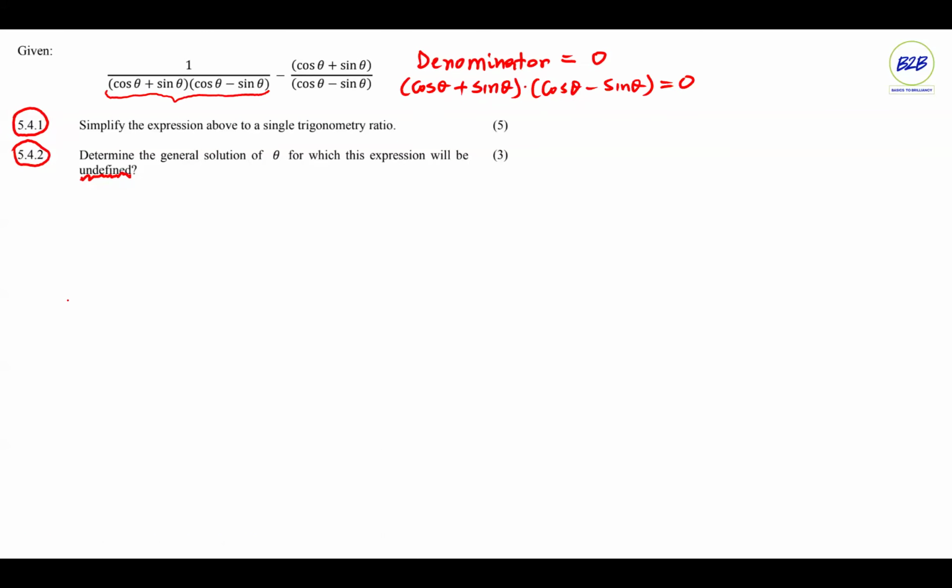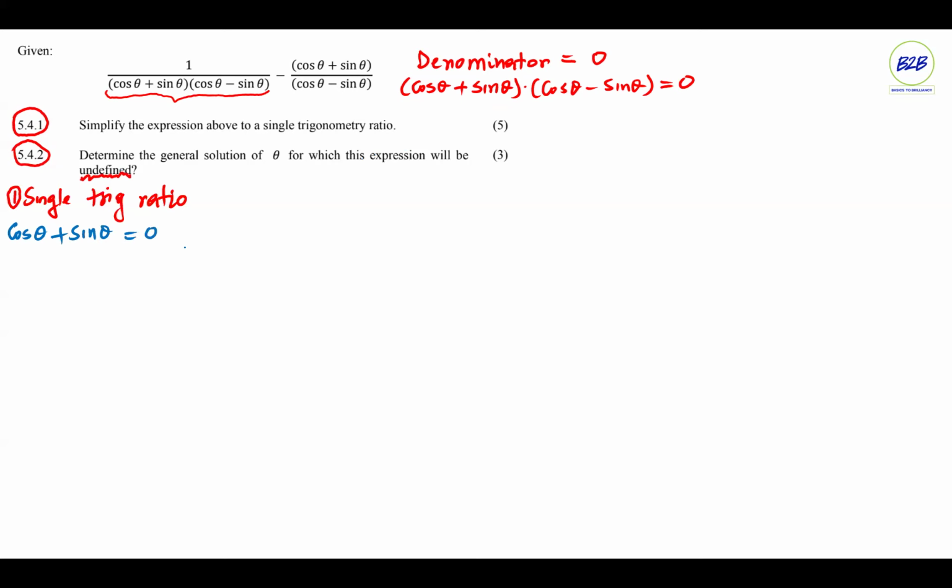So we have to strive for a single trigonometric ratio. How do we do that? We take each bracket and equate it to 0. The first bracket is cos theta plus sine theta equal to 0.